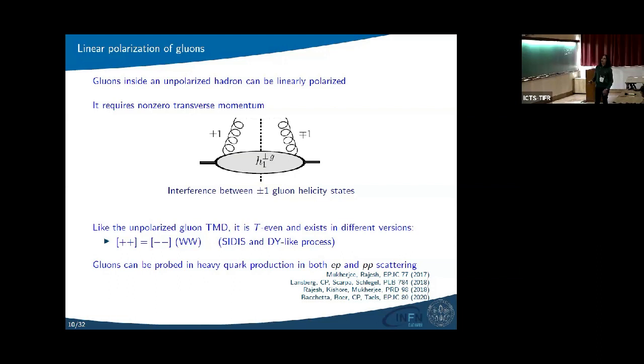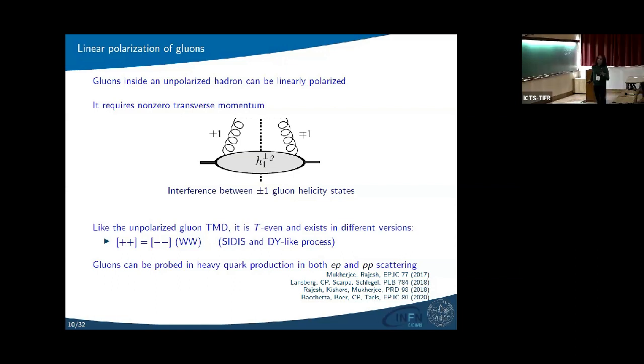And we can probe it by looking at heavy quark production, both in ep and pp, and there are many proposals to access this distribution. Also in Higgs production, it can be accessed, and it appears already at leading order if we study Higgs production at small qT, where qT is the transverse momentum of the Higgs.